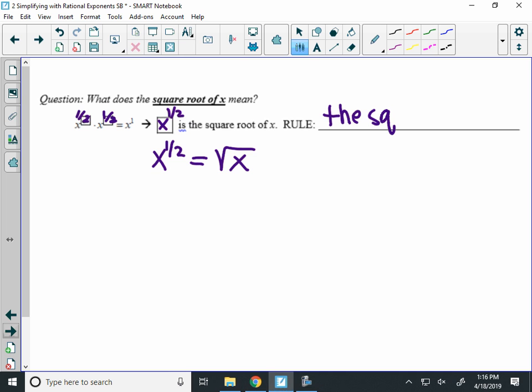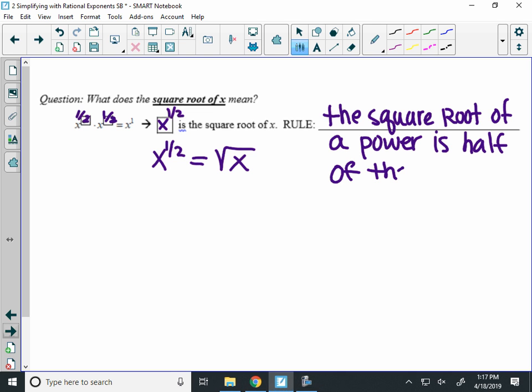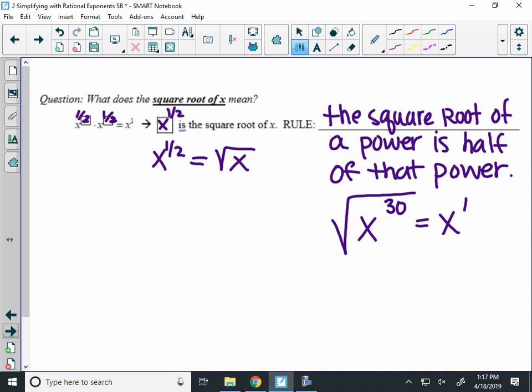The square root of a power is half of that power. Right? Does that make sense? So the square root of x to the 30th would be x to the 15th. You take half of the power to find its square root.